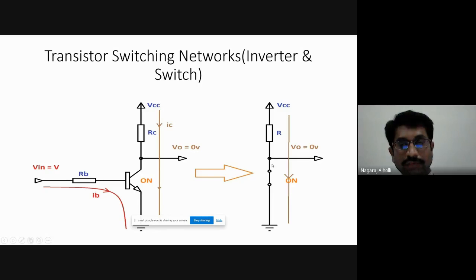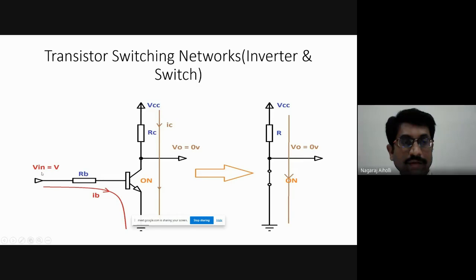What will be the output voltage when the output collector terminal is shorted to ground? 0 volts, because this terminal is connected to ground now. This collector terminal is taking a ground path. Therefore, the output voltage will become equal to 0 volts.